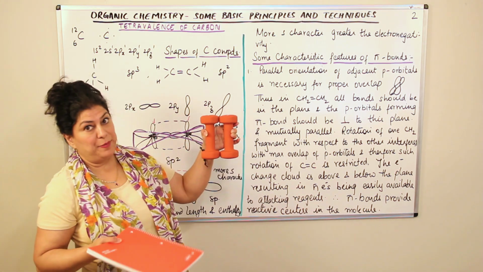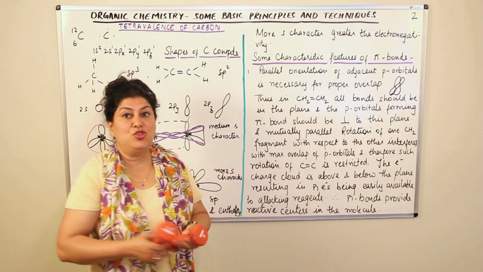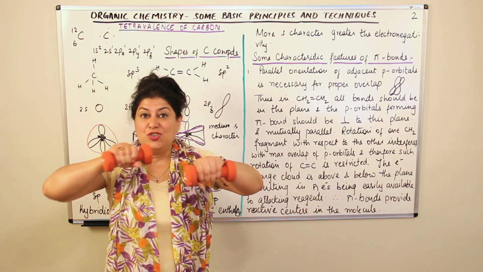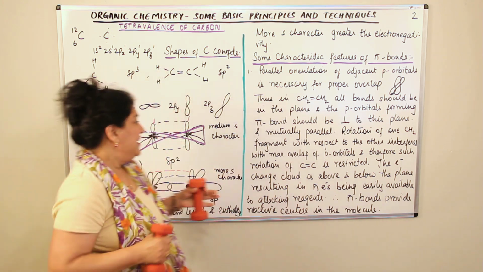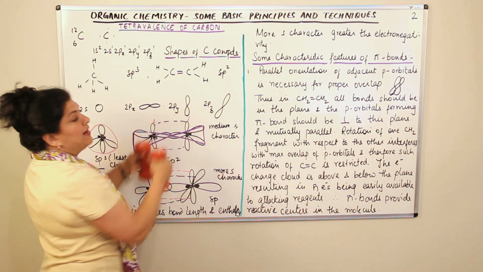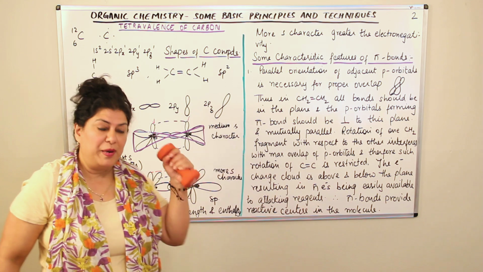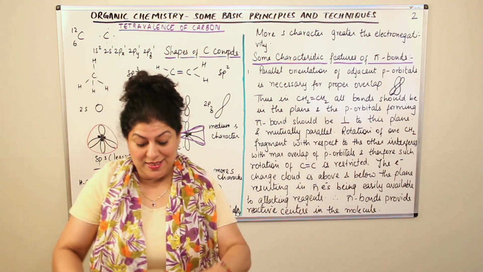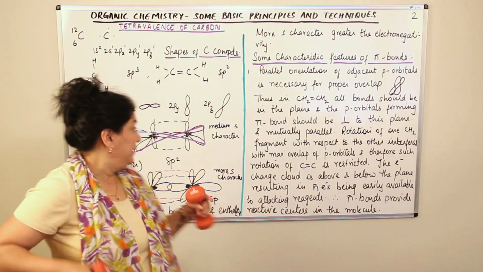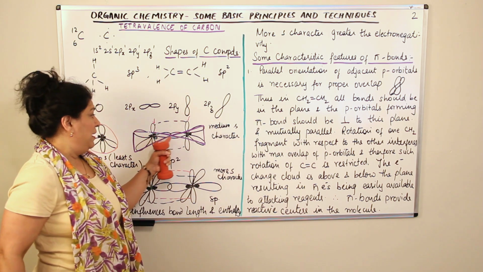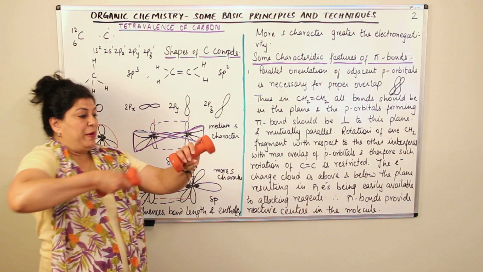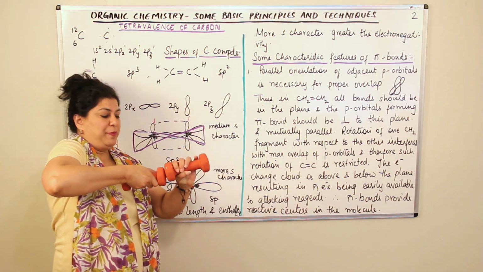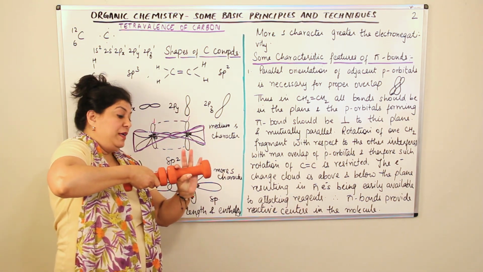Do you see? It is overlapping sideways. The overlap is not head on. It is not overlapping like this. It is overlapping on the side. And they overlap sideways and result in the formation of a pi bond. So the first bond that was formed was in the plane by these two sp2 hybridized orbitals by overlapping head on.